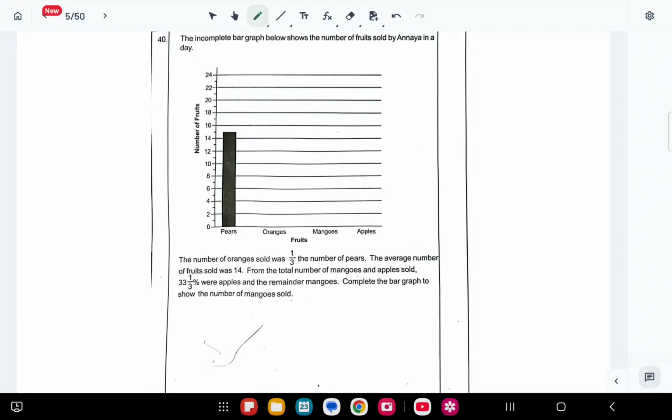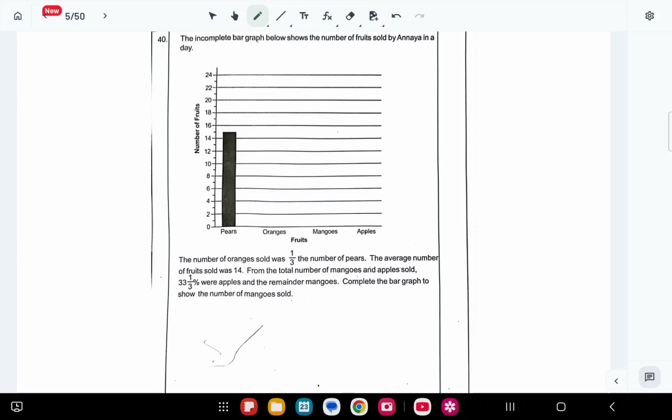Number 40. The incomplete bar graph below shows the number of fruits sold by Anaya in a day. Alright, so this axis shows the number of fruits. This here shows the different fruits. They said the number of oranges sold was 1/3 the number of pears. So pears we know is 15.